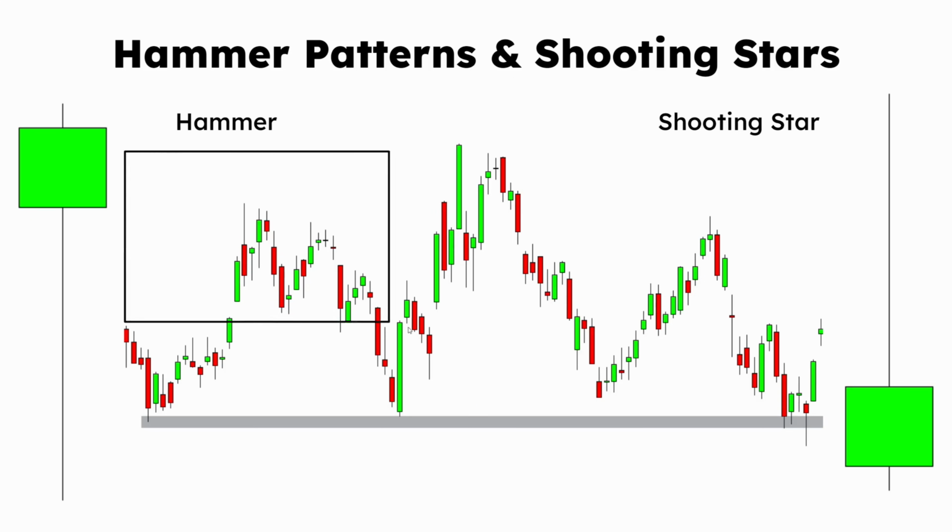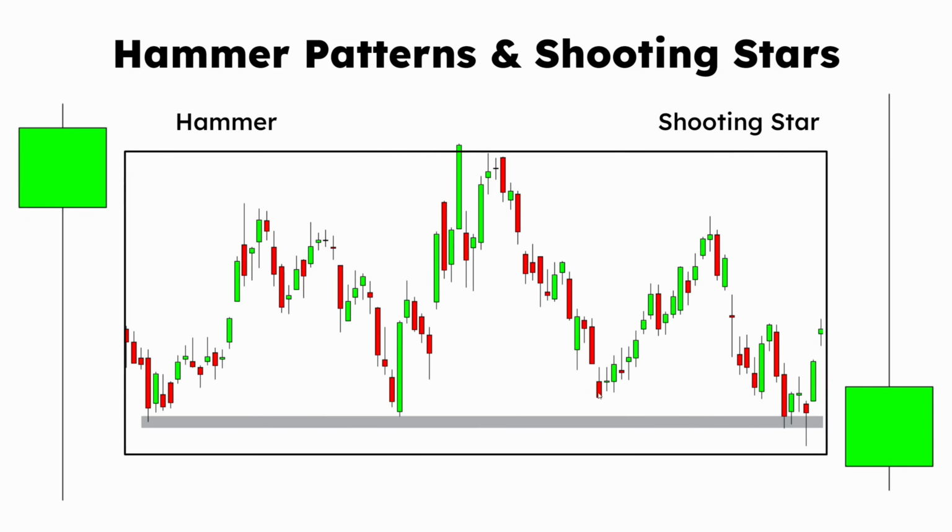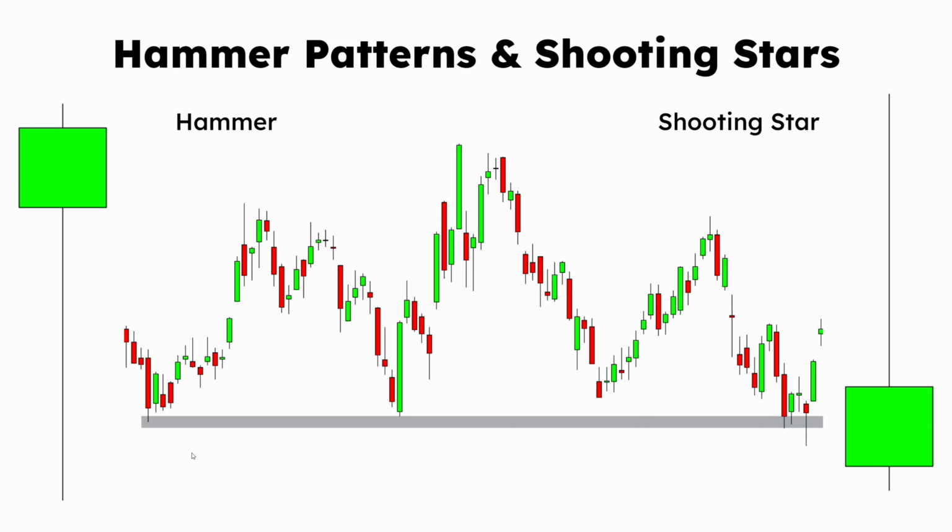Now if you want to, you can once again look at this chart and try to see if you can identify a shooting star. You can pause the video right here. But in this case, we can't really find any valid shooting star. Why is this the case? Well, if you look closely, you can see that we have a few candles that look like shooting stars.